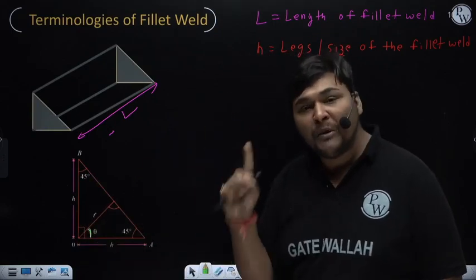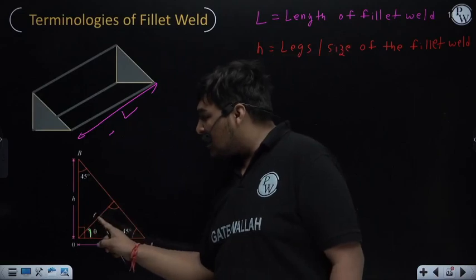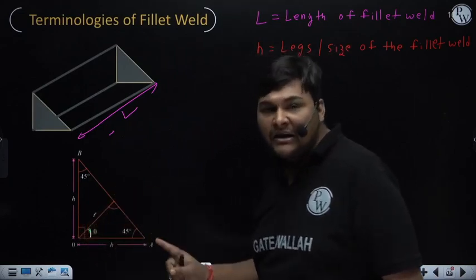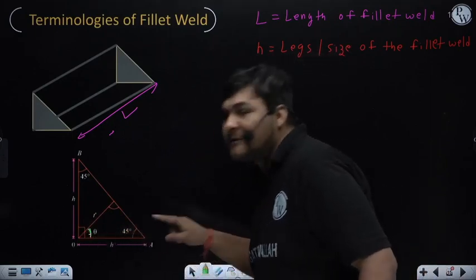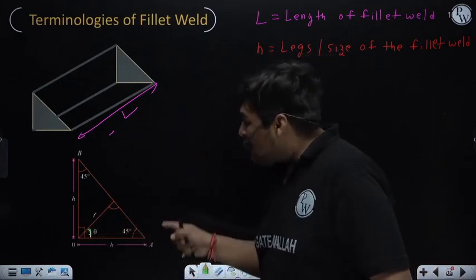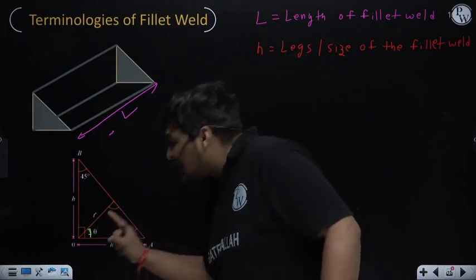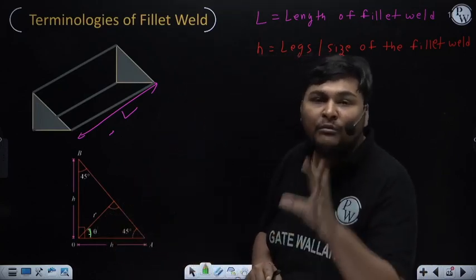But theta should be from a leg dimension, then the expression of T dash will remain the same. Right now I have taken theta from this leg dimension, and I am asking what will be the thickness of this fillet weld, which I am denoting as T dash, at angle theta from the leg dimension.